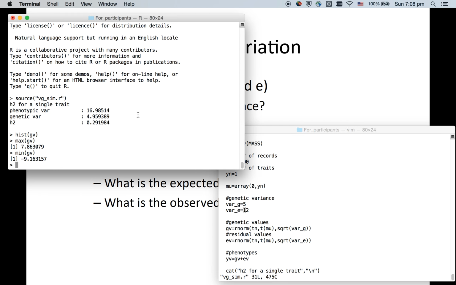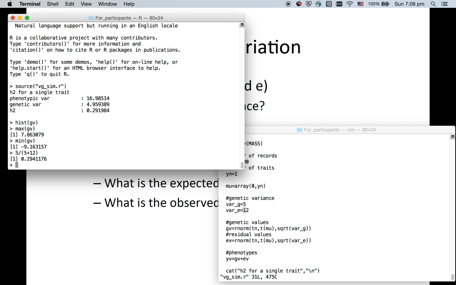So the expectation is the genetic variance divided by the genetic variance plus the residual variance. So the expected heritability is 0.294, okay? Then the observed heritability is 0.291. They are very similar.